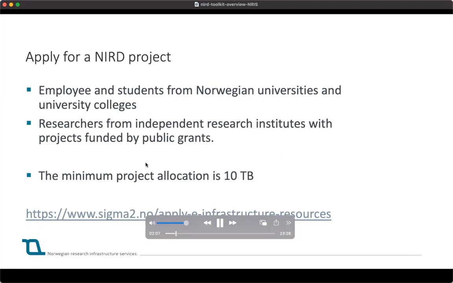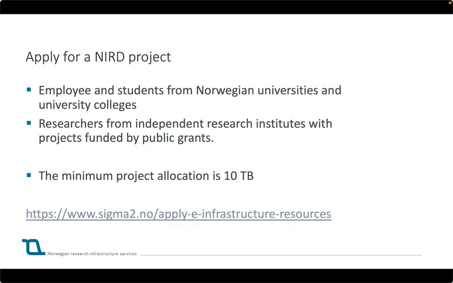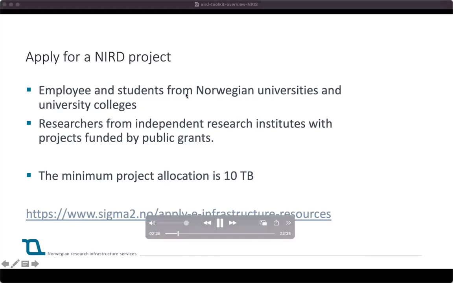There are also other possibilities. The minimum project allocation is 10 terabyte. So this is for projects that need large amounts of storage. And here's a link to the Sigma 2 pages where there is more information.